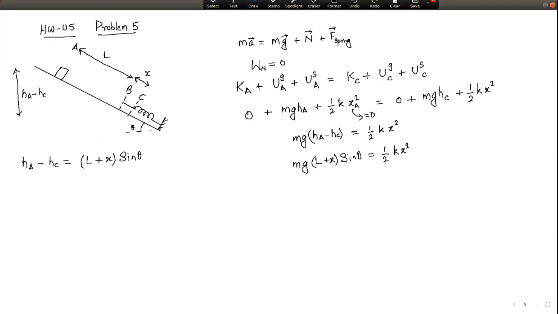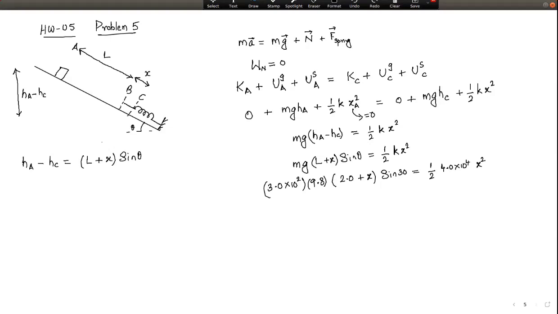So that's 3 into 10 raised to 2 times 9.8 times (2.0 plus x) sine of 30 is equal to half of 4.0 into 10 raised to 4 times x squared.